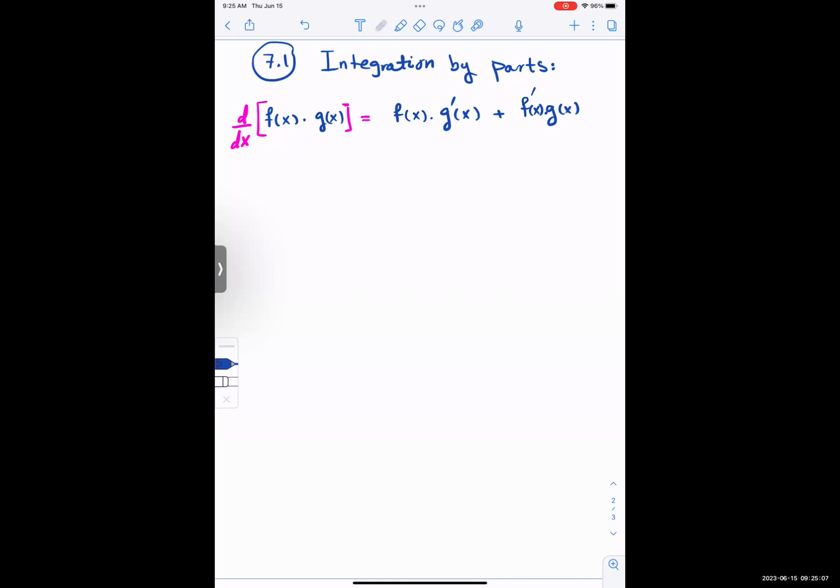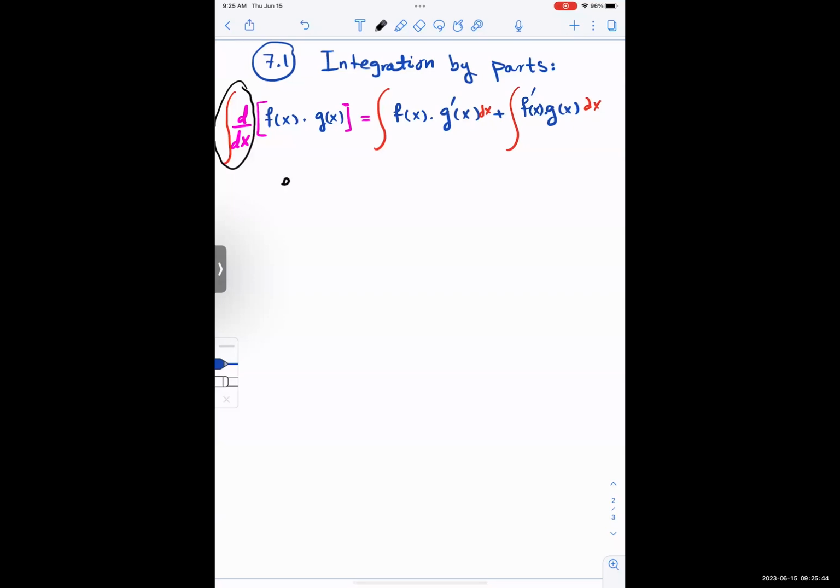Okay, now if I take the integral of all sides, and again, this is one of the ones where we show the steps and proofs, and then we only use the results here. I'm going to add dx here for the integration. Then what would I have as a result of the integral of d dx? Do you agree that that disappears, because integral and derivative are opposite of each other, so they undo each other?